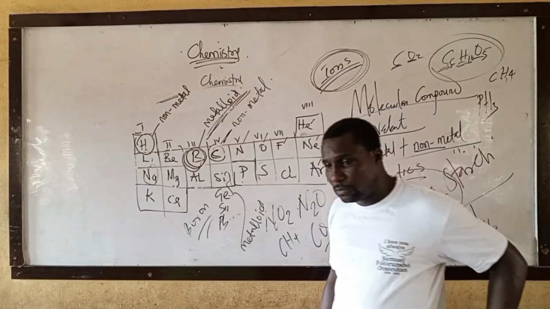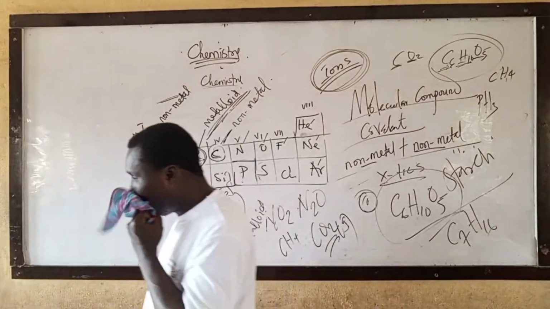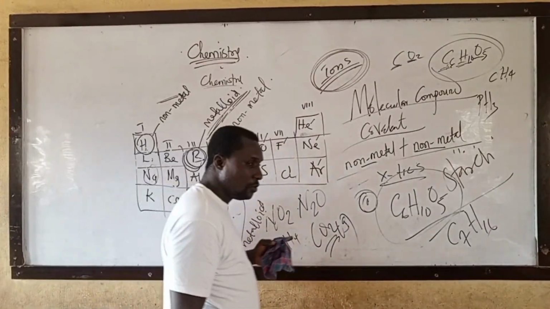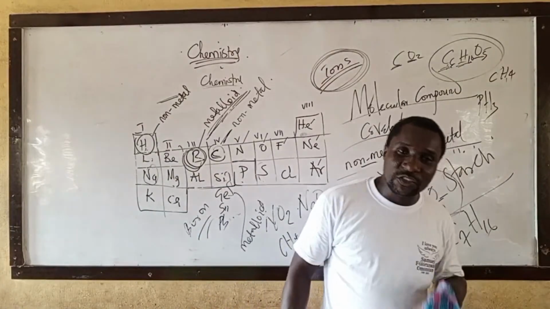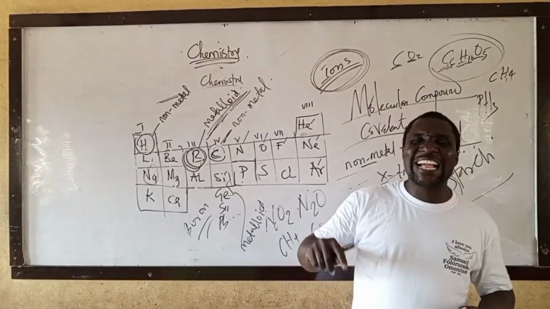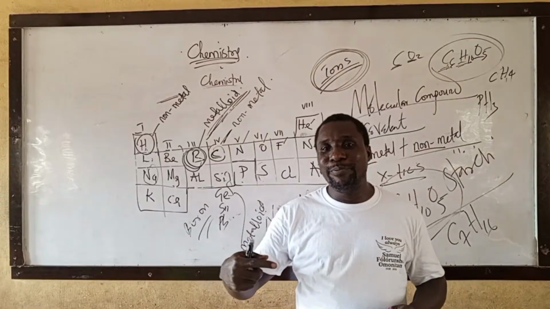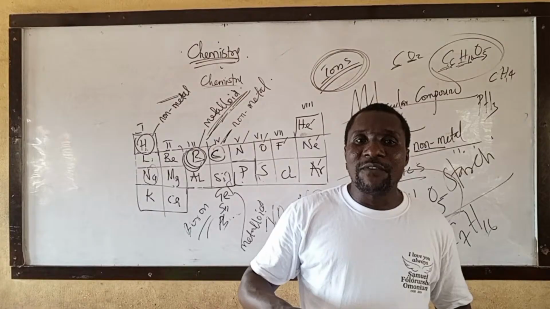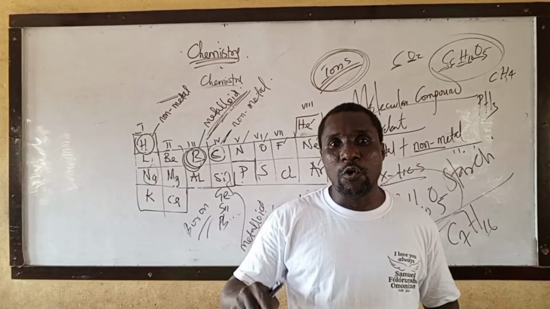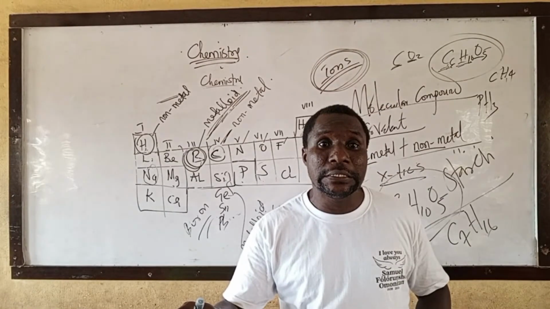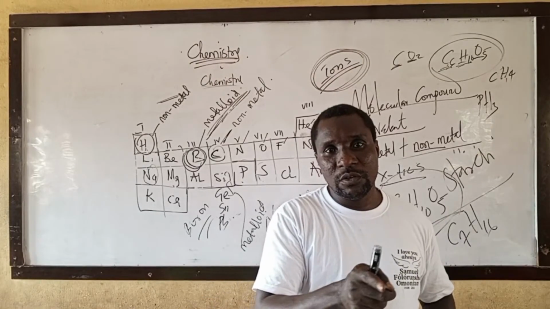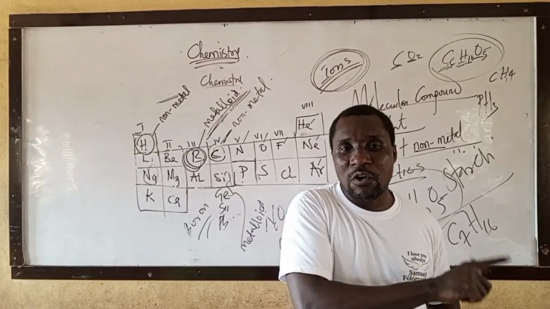Number two. This number two, I can explain it further, but based on your scheme of work, if I say covalent compound cannot conduct current, that means I'm only limited to a certain covalent compound.